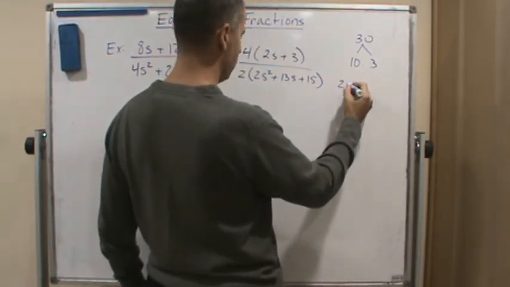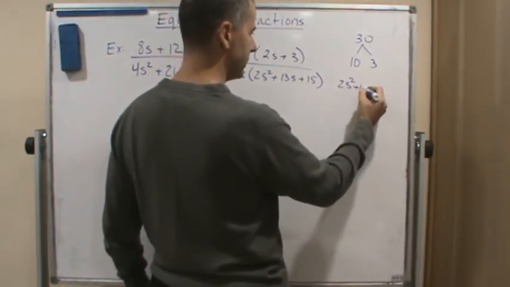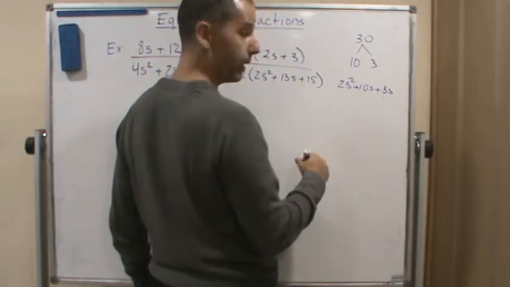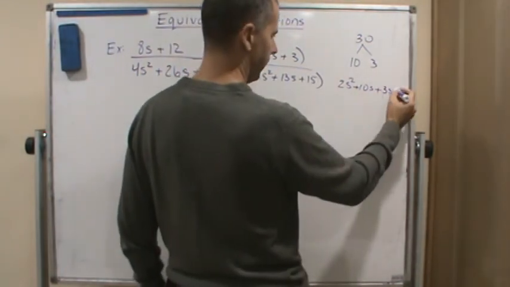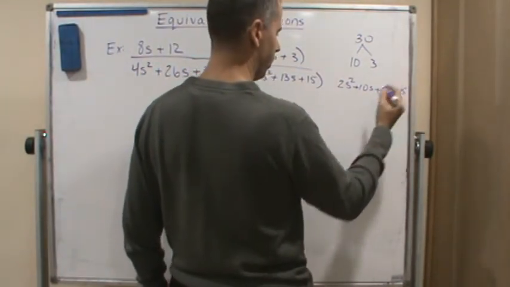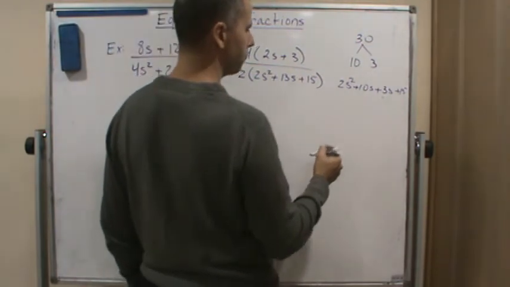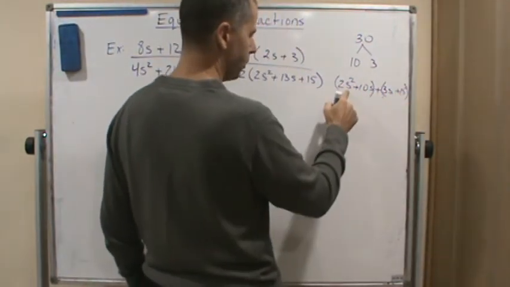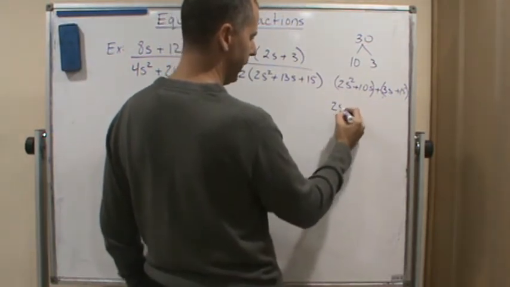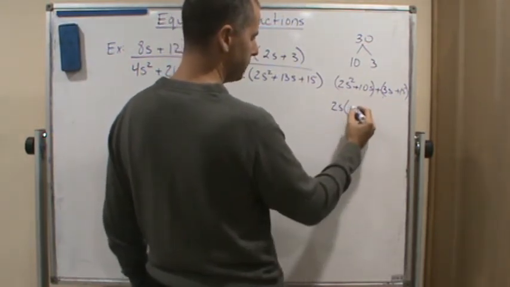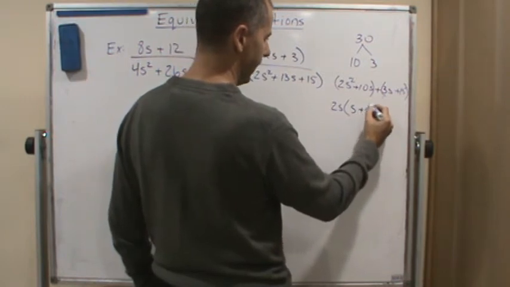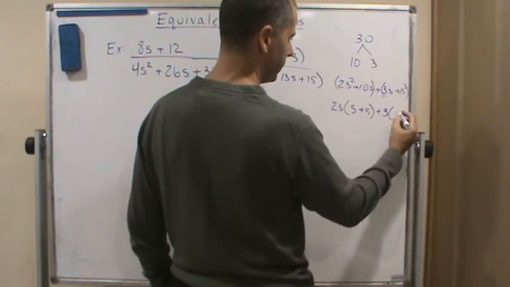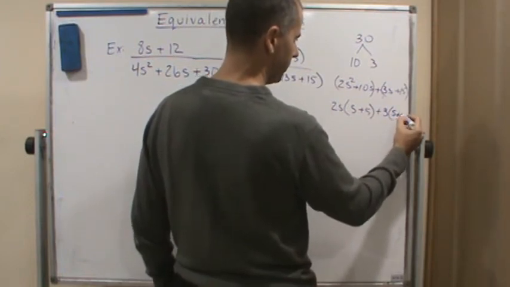So this is going to be 2s squared plus 10s plus 3s plus 15. I'm doing my method of decomposition, or the AC method is what they call it. And so now I'm going to do my factor by grouping. My greatest common factor here is 2s, and that leaves me with s plus 5, plus, and then the greatest common factor here is 3, which leaves me with s plus 5.